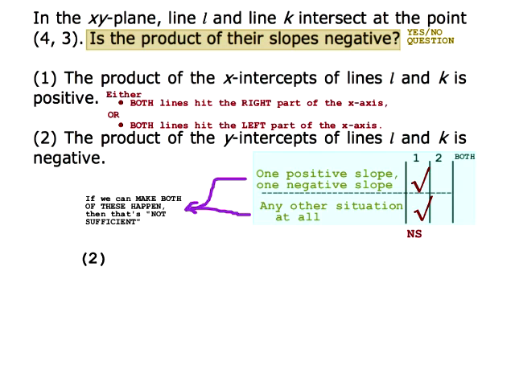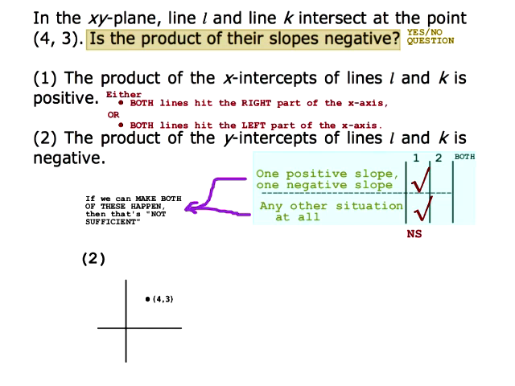Okay, statement 2. Same sort of thing, but now the product of the y-intercepts is negative. So we have to have one y-intercept that's positive and one y-intercept that's negative, according to the statement.